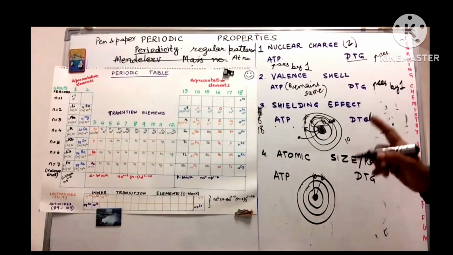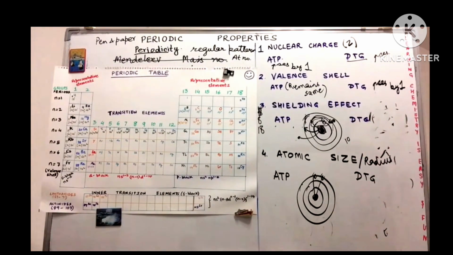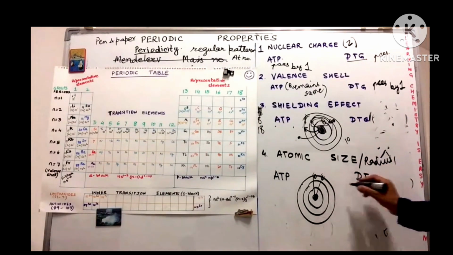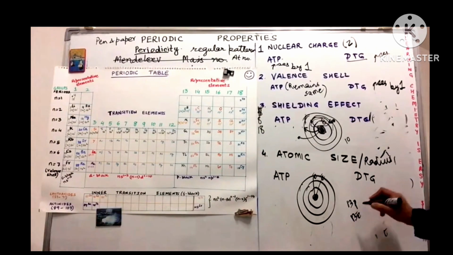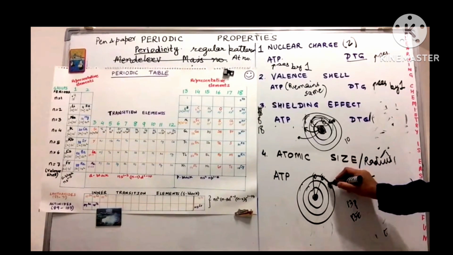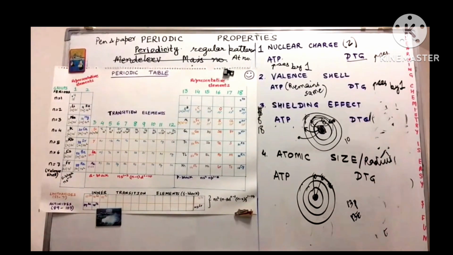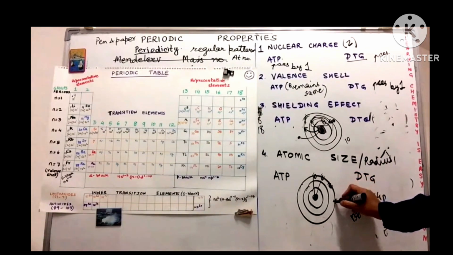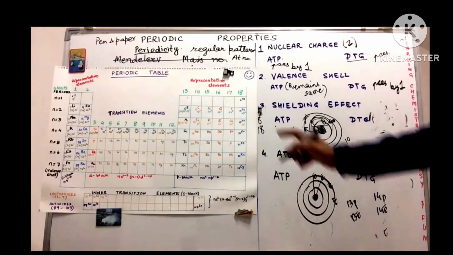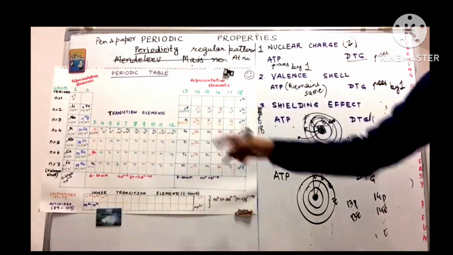And at each stage also remember the number of protons is also increasing. So if I have aluminium, there are 13 protons pulling 13 electrons, and out of these 3 electrons are in the third shell only. Silicon, 14 protons, 14 electrons, and in the third shell itself, right? Because its configuration is 3s2, 3p2.